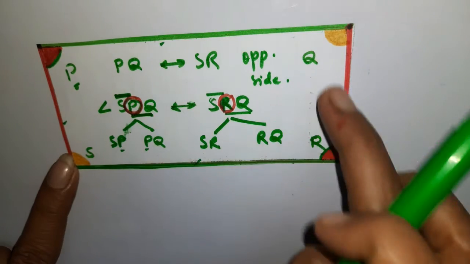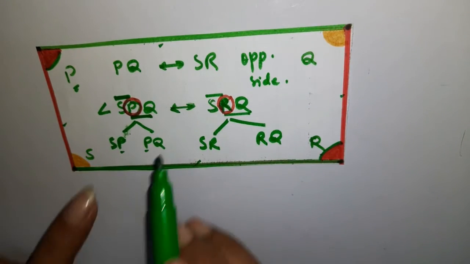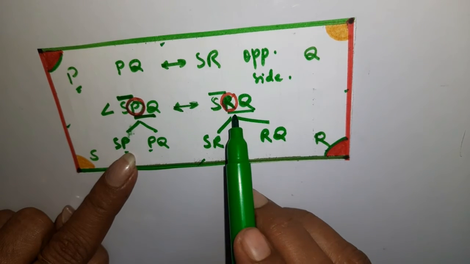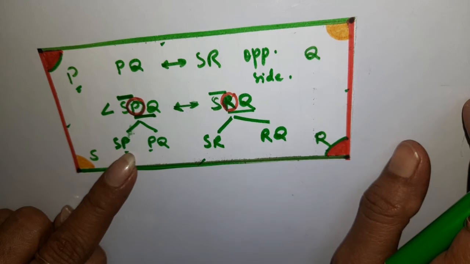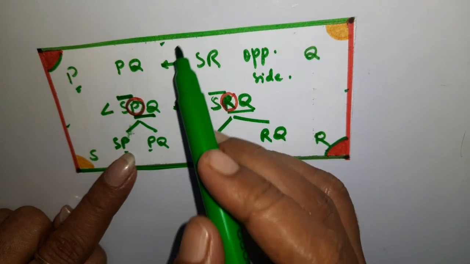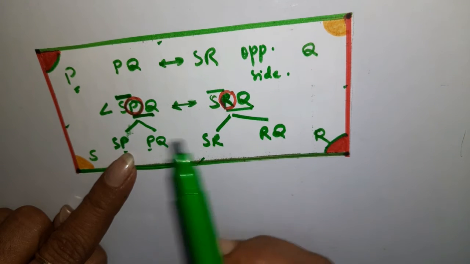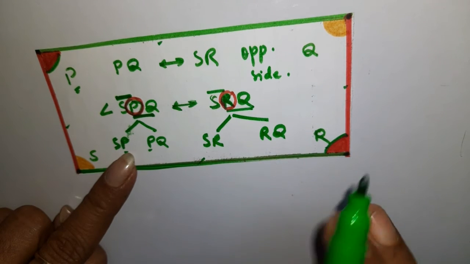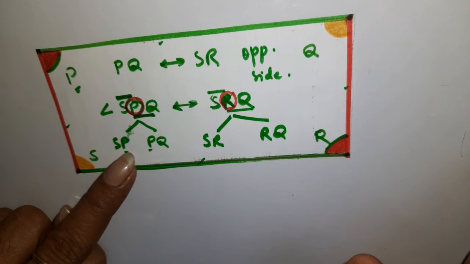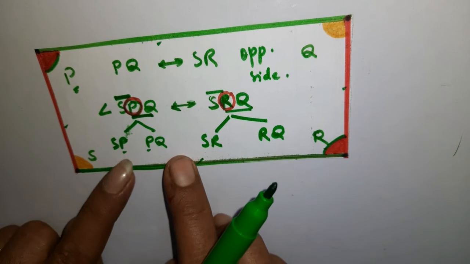You can see none of the arms is repeated. It proves that this angle is opposite to this angle. There is no common arm between them. As you do not have any common points between opposite sides, similarly between opposite angles you don't have any common arms. So this is how you have to define opposite angles.